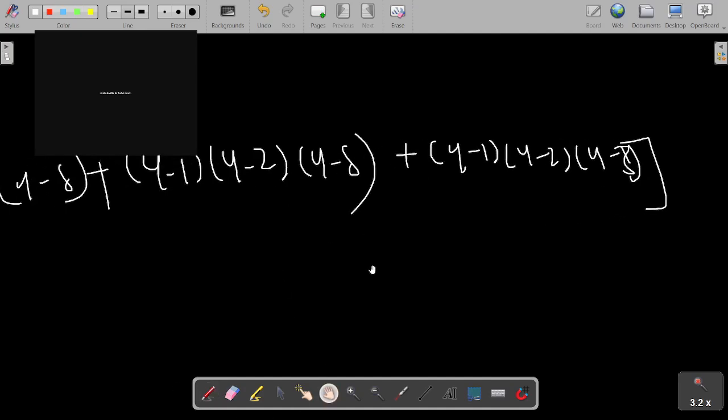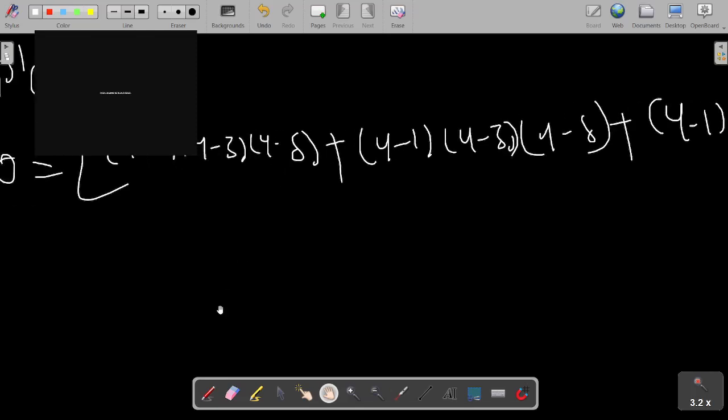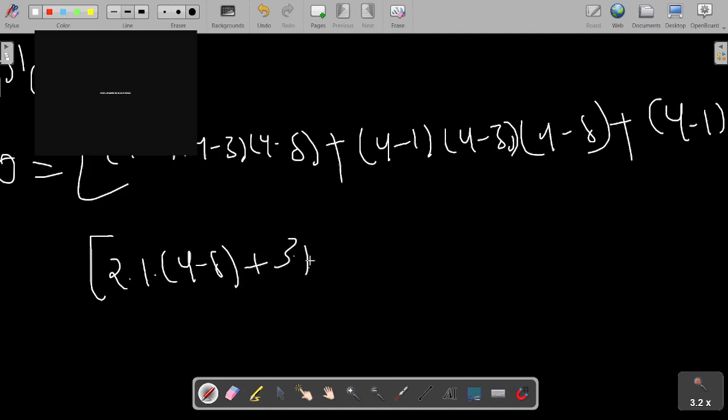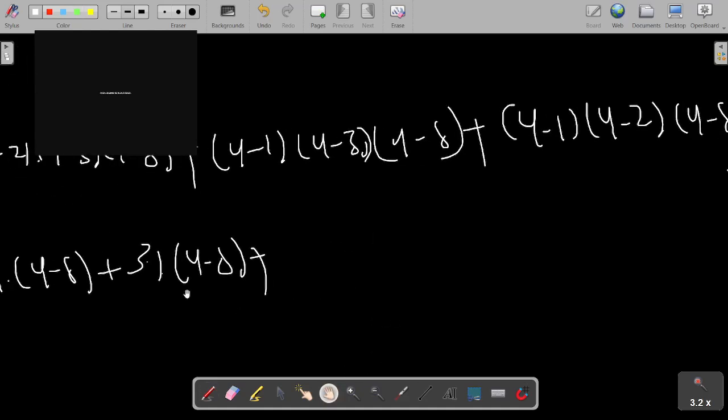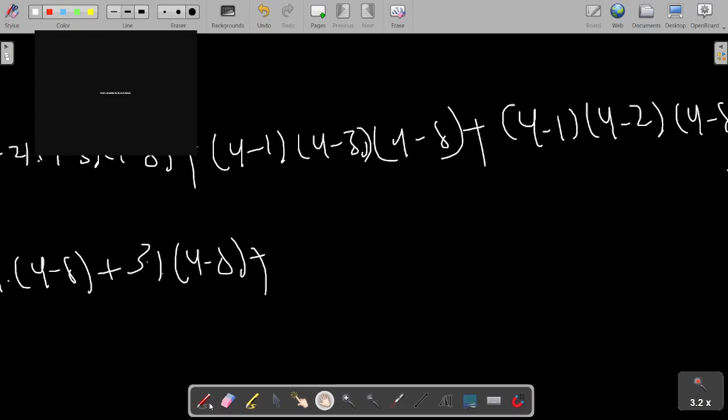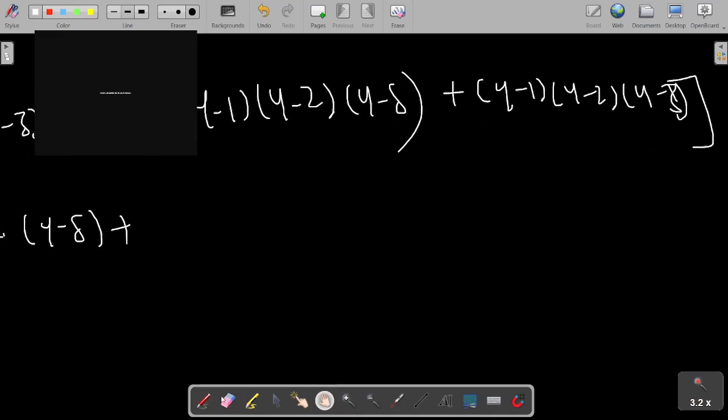Let's simplify this. This becomes 2 times 1 times 4 minus delta plus 3 times 1 times 4 minus delta plus 3 times 2 times 4 minus delta plus 3 times 2.